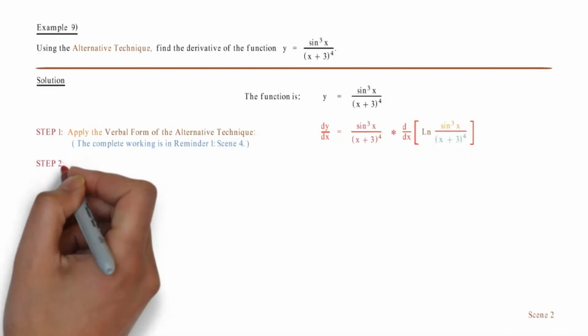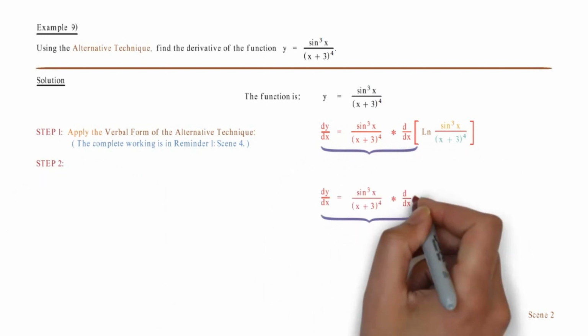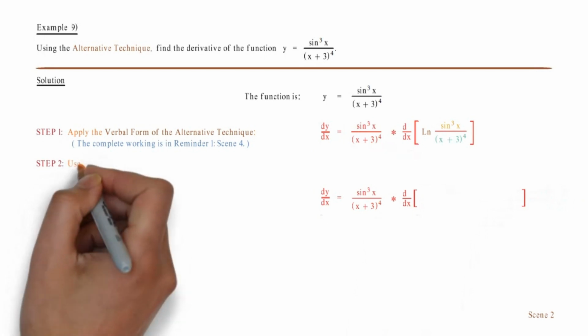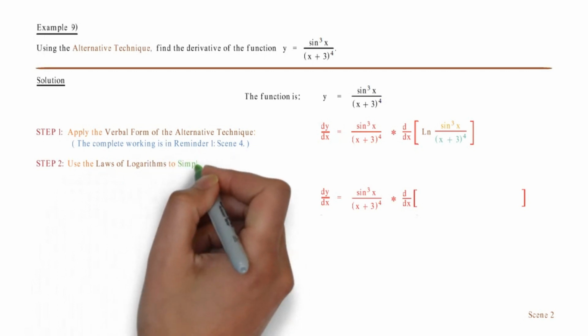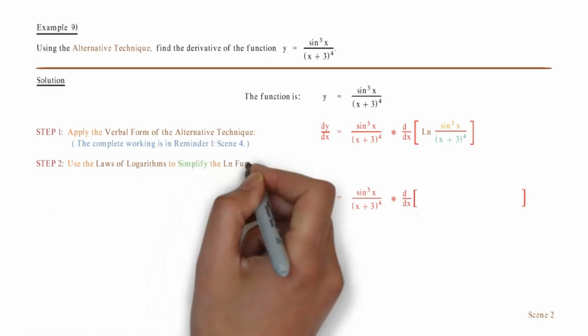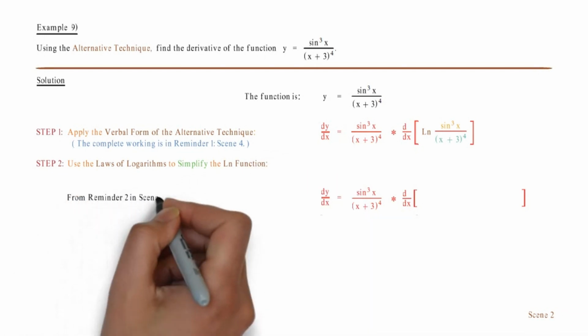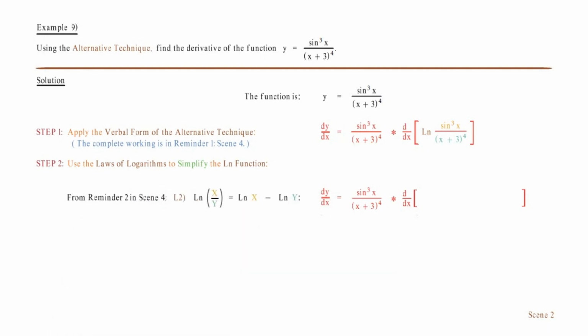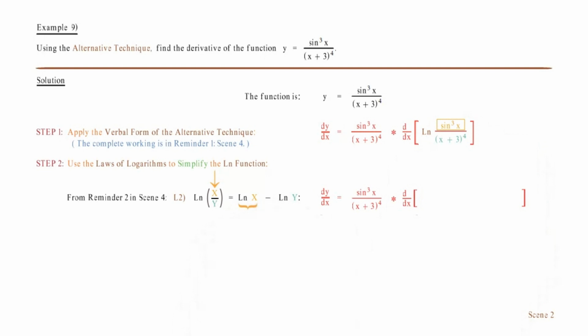Step 2. Bring down. Use the laws of logarithms to simplify the ln function. From reminder 2 in scene 4, since x is sine cubed of x, ln of x is ln of sine cubed of x.